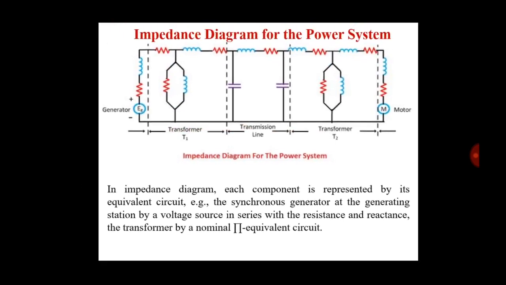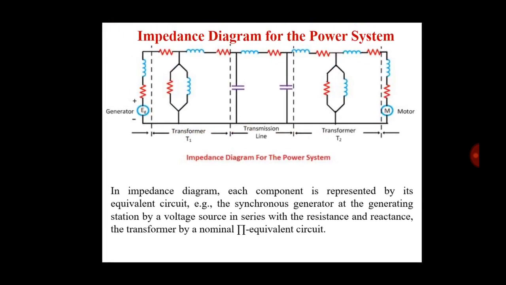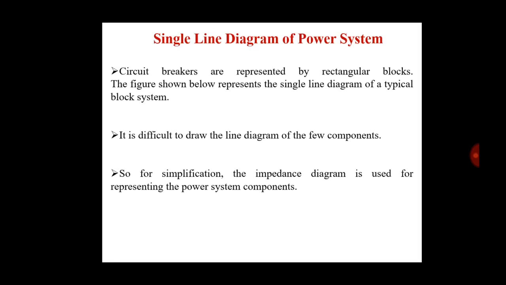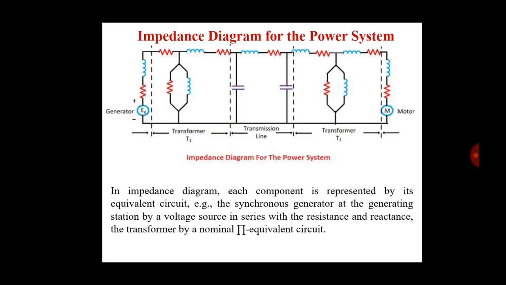That means the generator is represented by its impedance R plus jX. The same way, the transformer is also represented in the form of resistance and reactance, that means impedance.